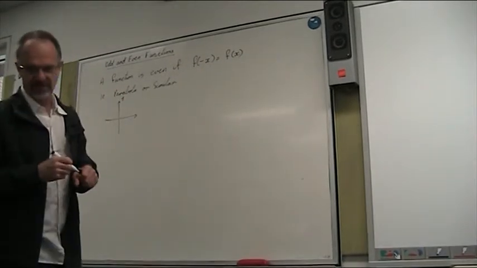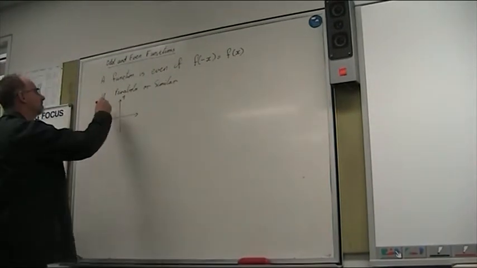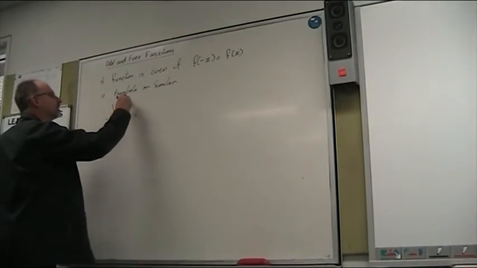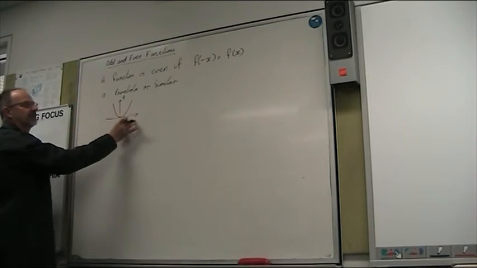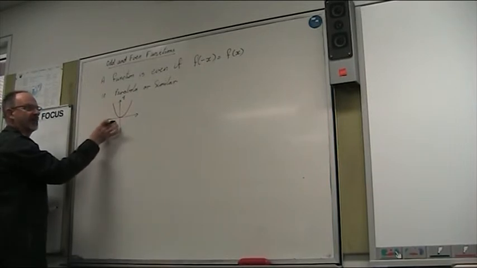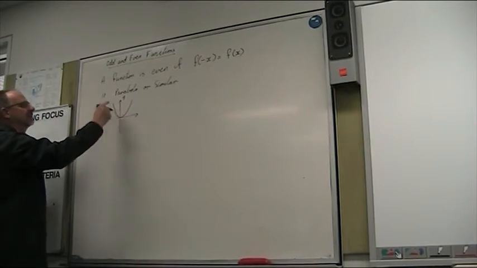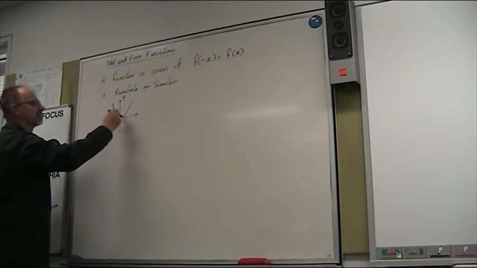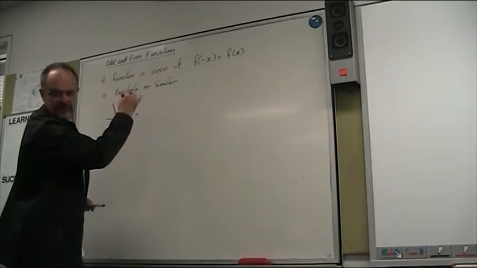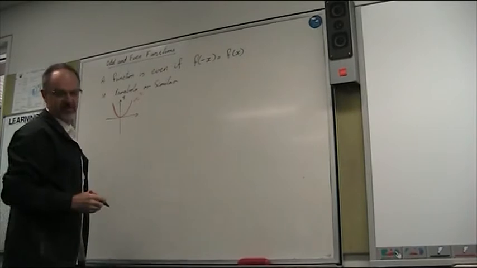Something like this, for example, is an even function. You stick your positive x values in, you get a positive y value. Stick negative x values in, you get the same positive y value. So it's also got to be symmetrical, even though that one might not look like it. That, for example, is x squared.